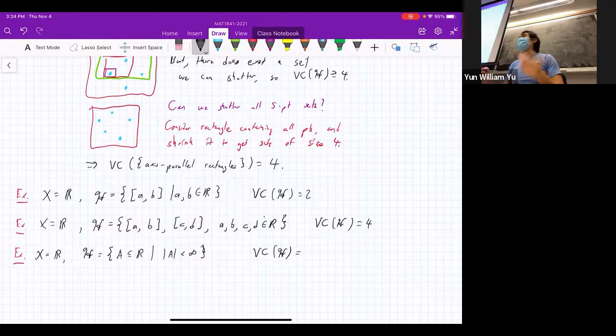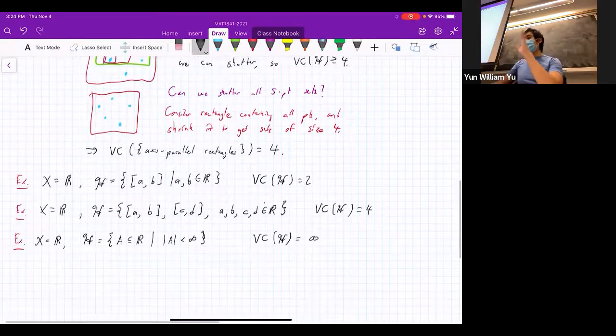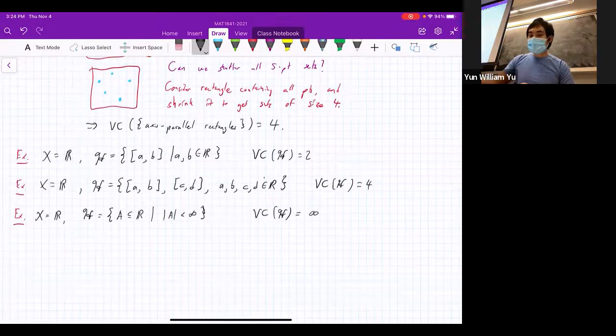Well, you can get anything finite, so this is infinity, yeah. Because for any finite set, you can clearly pick things out. We're not going to deal so much with infinite sets, just because it makes life complicated, but for our purposes, the VC dimension of this is infinity. How big an infinity, we're not going to worry about. And let's give a couple more, just so that we get the flavor of these things before I move on to proving facts about them.